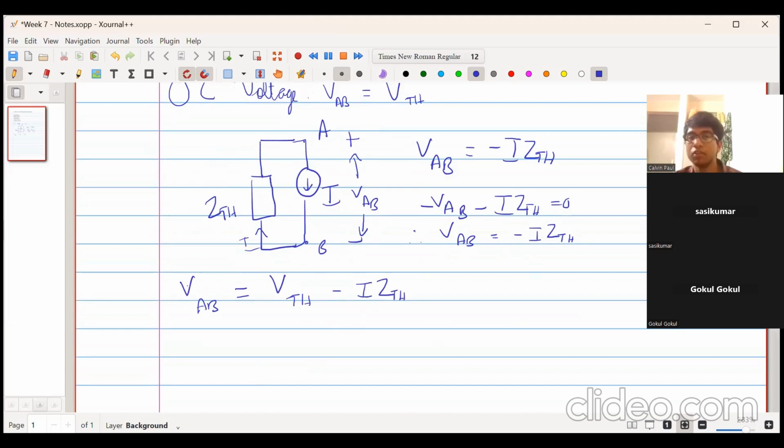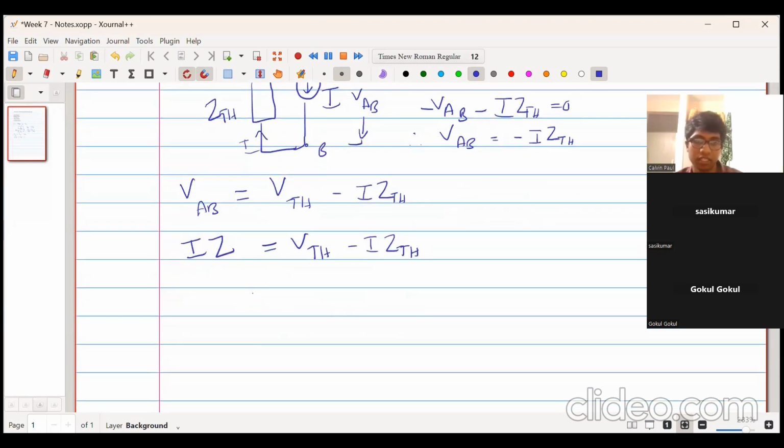But in the original circuit, this was not a current source I. It was actually an impedance Z which carried a current I through it. So I into Z is equal to V Thevenin minus I into Z Thevenin. When we simplify this, we get I equal to V Thevenin divided by Z plus Z Thevenin.